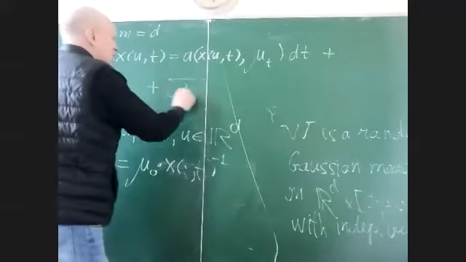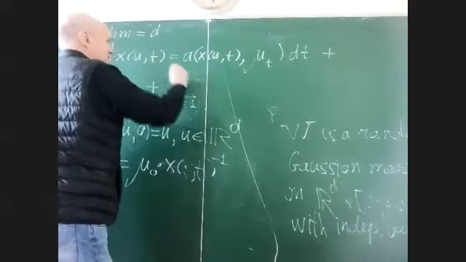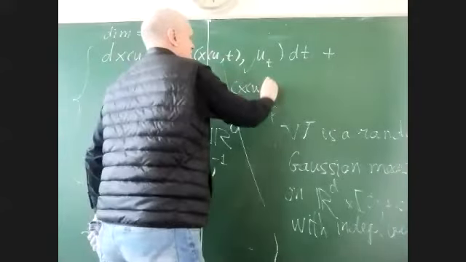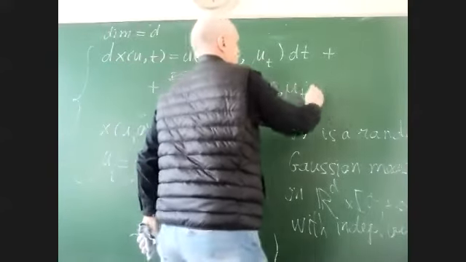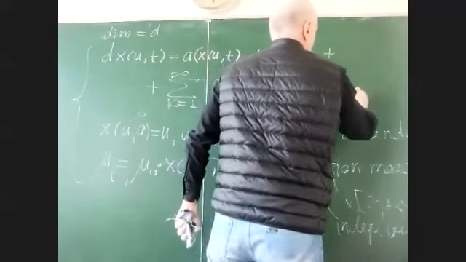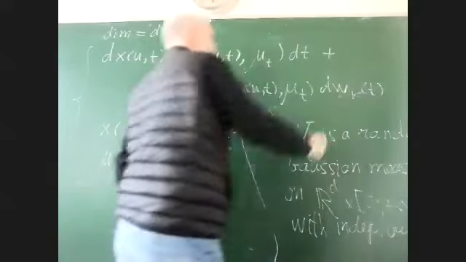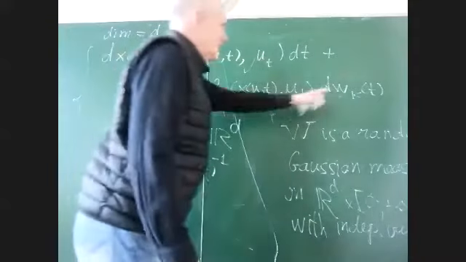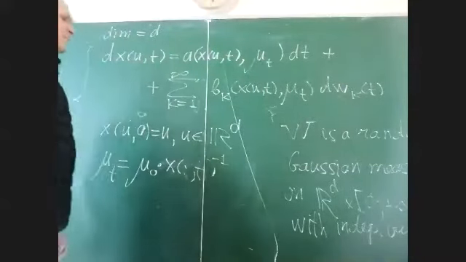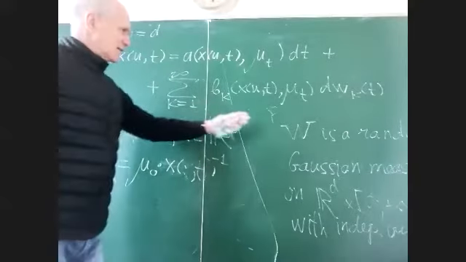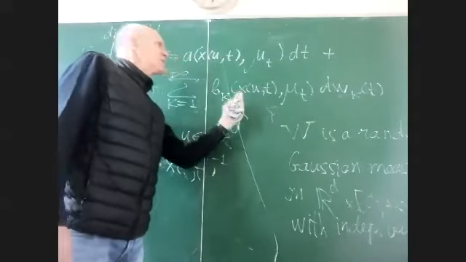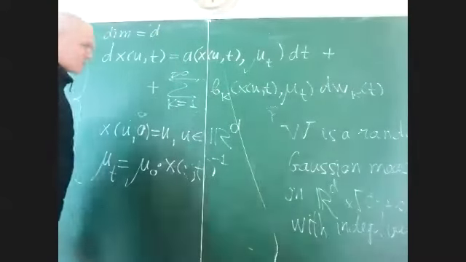Plus the sum from k equal 1 to infinity bk x ut d w t, where this sequence is a sequence of independent linear processes. In such way, we will describe the stochastic term in the equation as an operation.